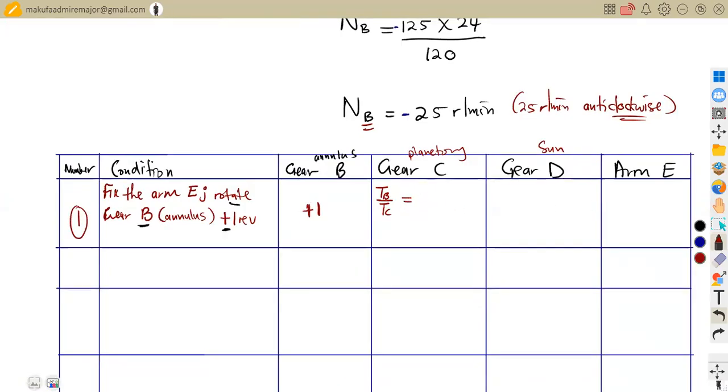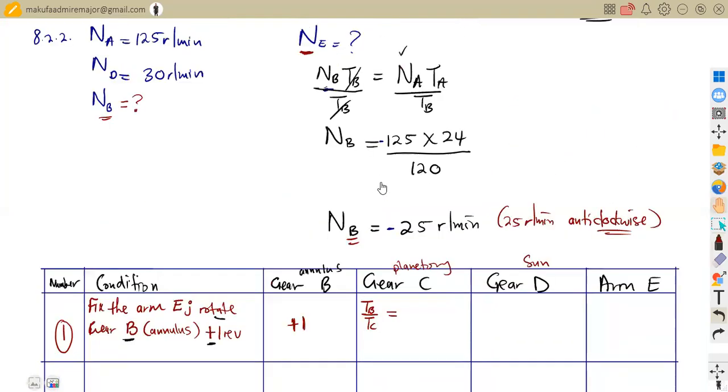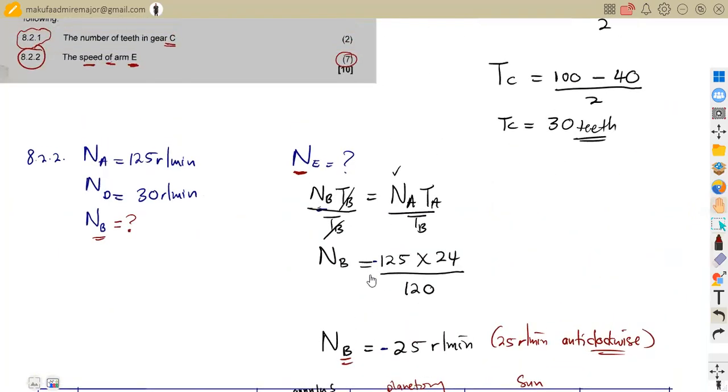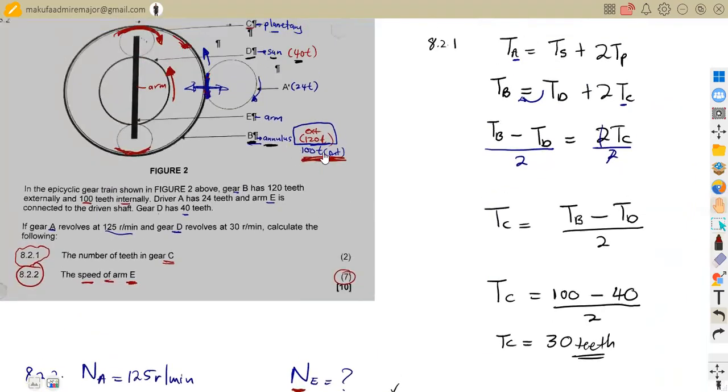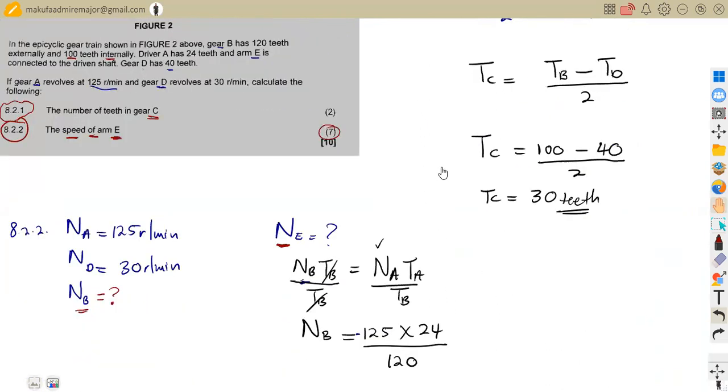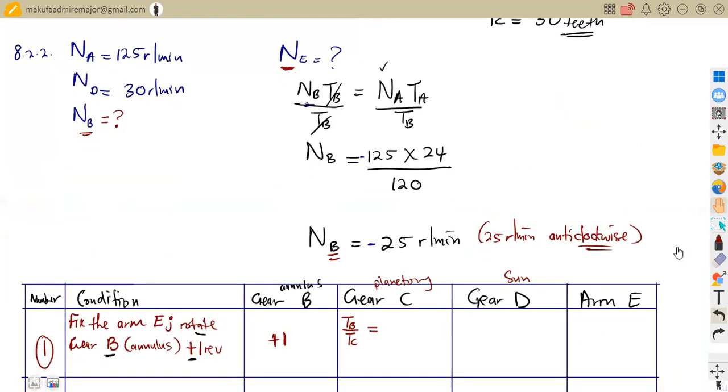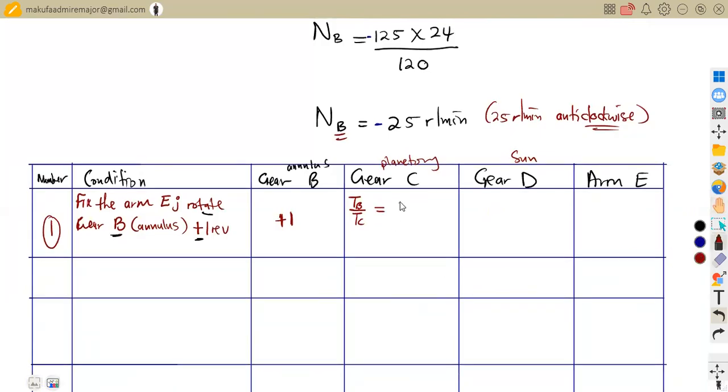So remember the number of teeth for B, we are dealing with the one that is inside, which is the internal part. The internal part is the one that is affecting the planetary, and B internally is 100. Remember, it's 100 teeth internally. So this will be positive 100 over TC.